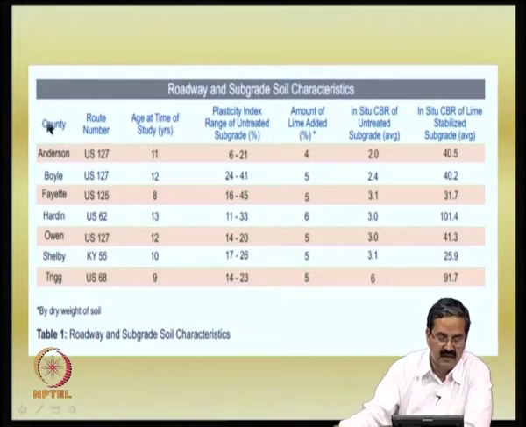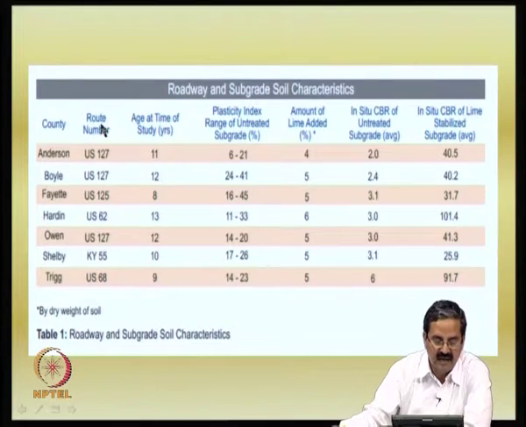for example, these are the different counties in years. Okay. These are all the highways. The time duration of the study is 11 years, 12 years, 13, 14, you can just see the number of years of study. Then because the area is different, you have different types of plasticity index values.